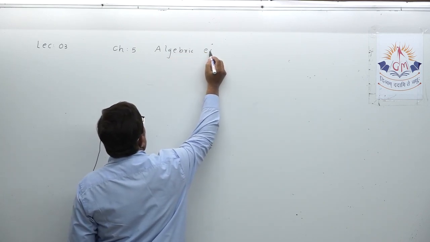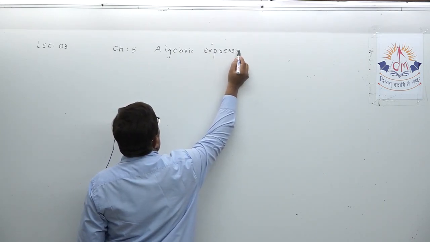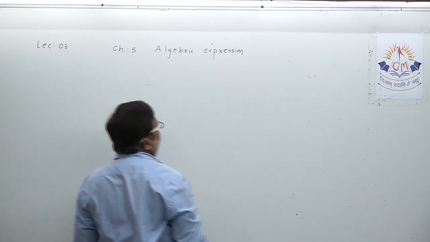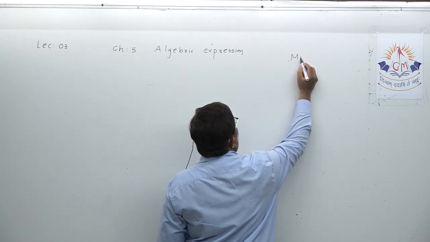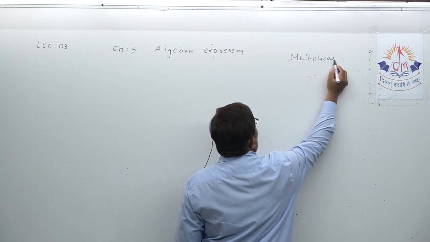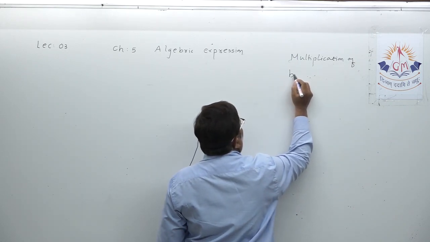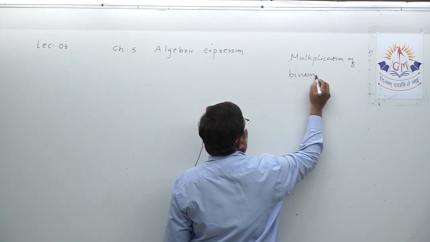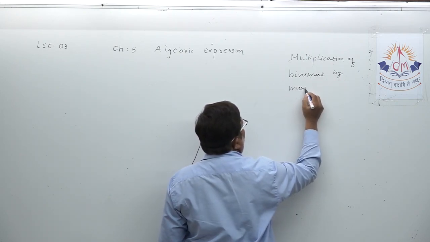That's the title of the chapter, and the topic which is continuing you all know very well, multiplication of binomial by monomial.